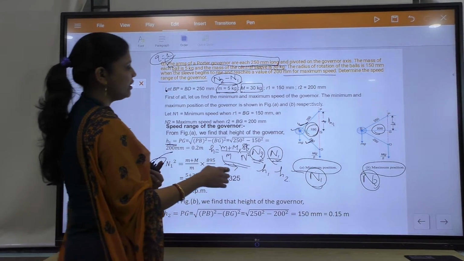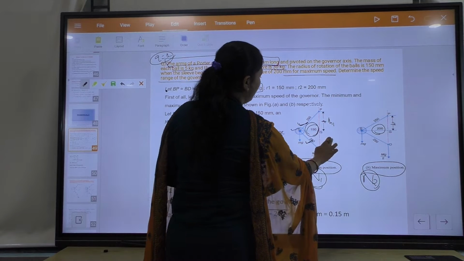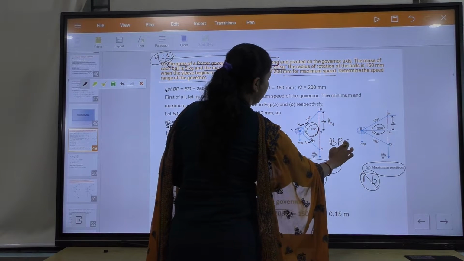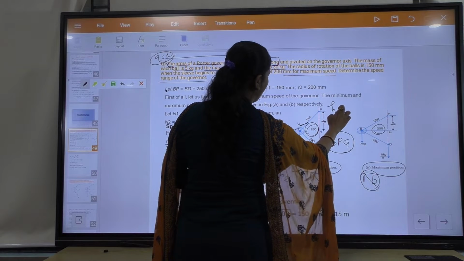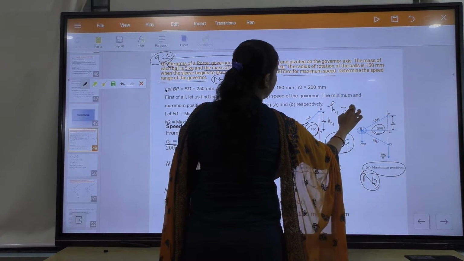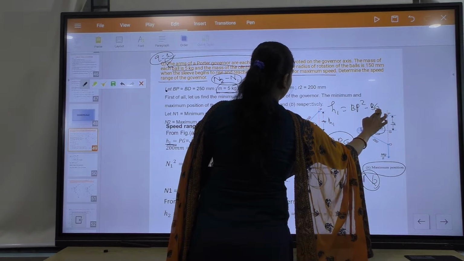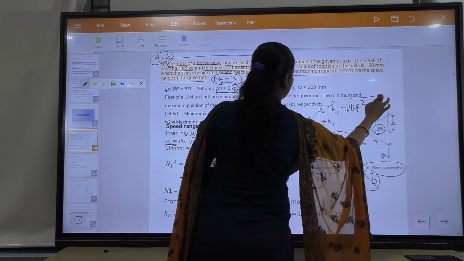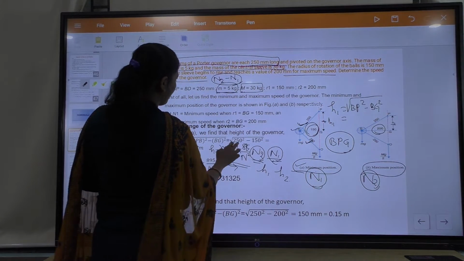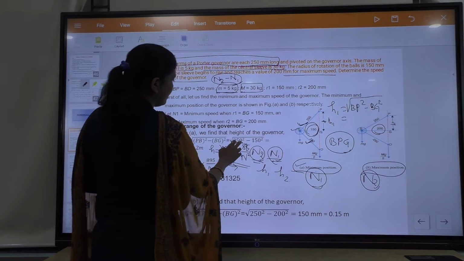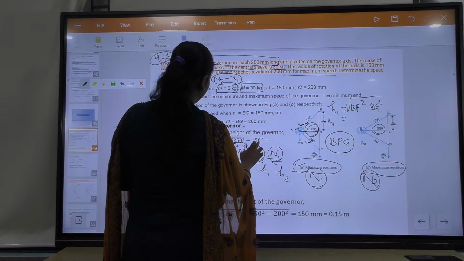Here you can see in this figure A, the triangle BPG is a right angle triangle. So the value of h1 will be equal to the square root of BP square minus BG square. Here the value of BP square is 250 square and BG is 150, so 150 square.